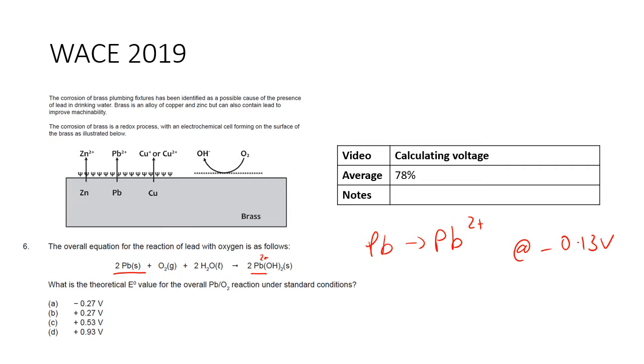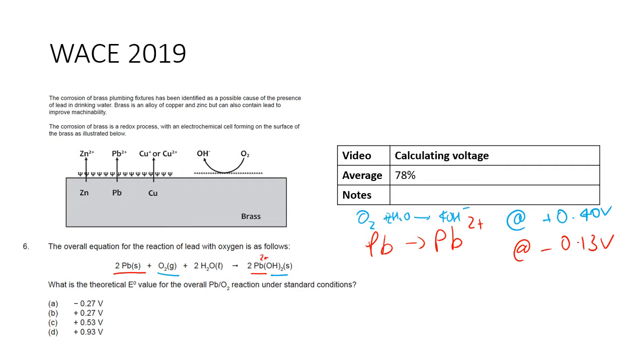And then the other one is the O2 going to the OH. So you're going to find that one, and there's quite a few of them. It's at positive 0.4 volts, and that's the O2 plus H2O goes to 4OH minus.